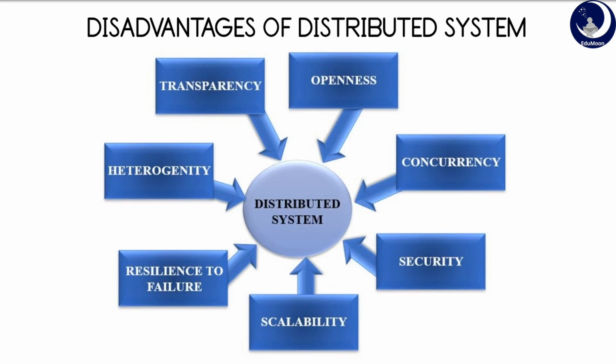The database connected to the distributed system is quite complicated and difficult to handle as compared to a single user system. Overloading may occur in the network if all the nodes of the distributed system try sending data at a single instance of time.